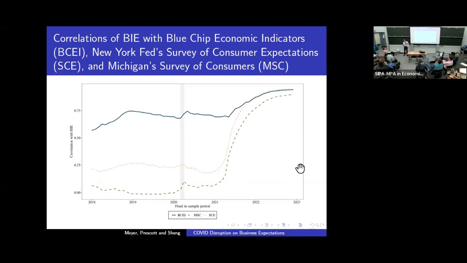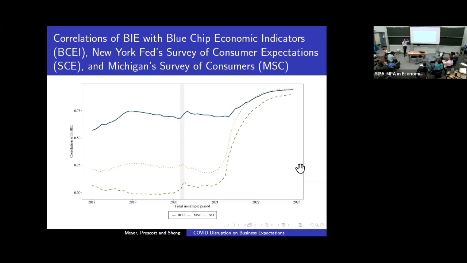So this chart shows you a 5-year rolling average of firms' unit cost expectations against 3 other measures. As you can see, before the pandemic, firms' unit cost expectations are highly correlated with inflation expectations from professional forecasters coming from Blue Chip Economic Indicators.